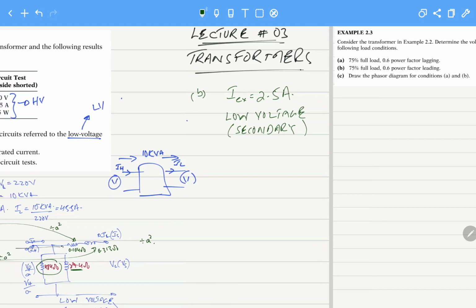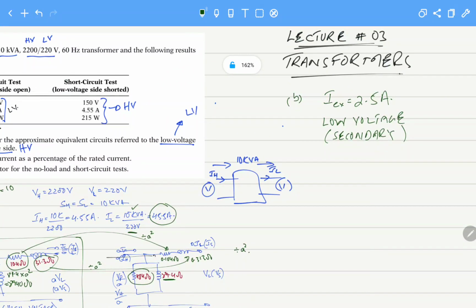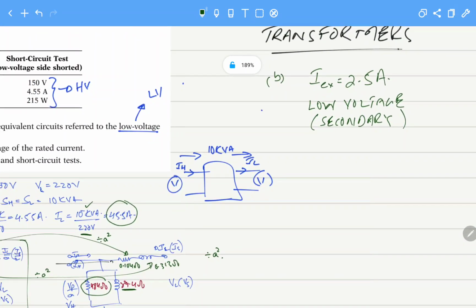For the secondary side, we have also noted down the rated current. Dividing the total power by the voltage, it is 45.5 ampere. So I rated at the LV side is 45.5 ampere.